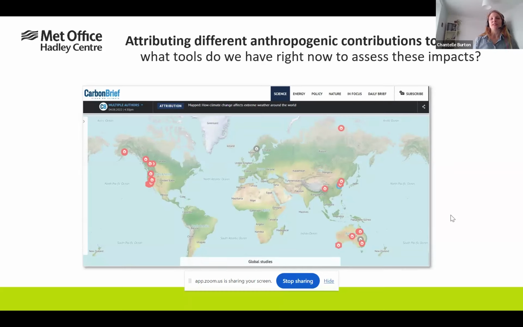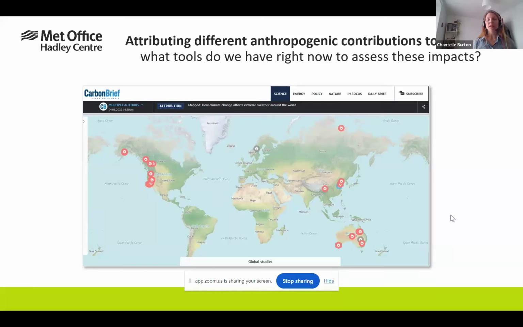And I think there are a few reasons for this. Firstly, fire is quite a complicated thing to try and break down and attribute to climate change. There are multiple contributing factors to fire that you don't get, for example, with a heat wave where you're just looking at one variable like temperature.